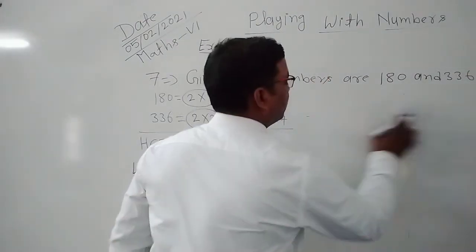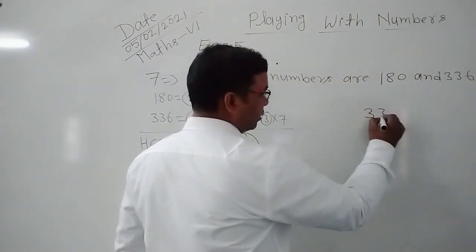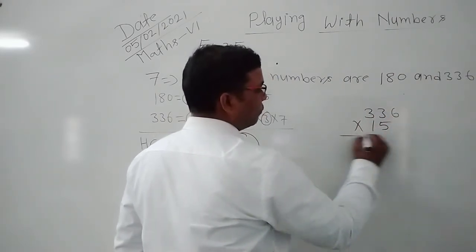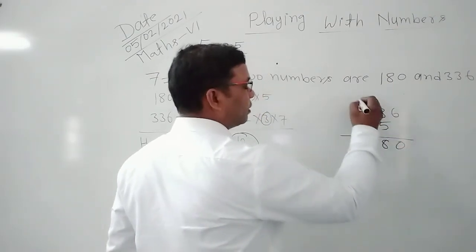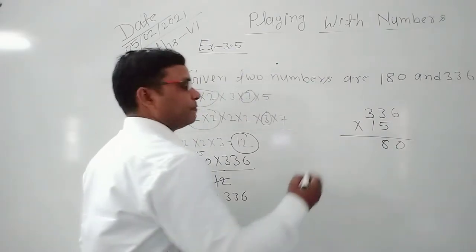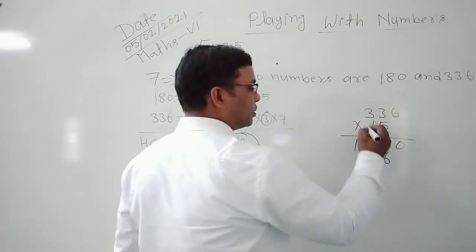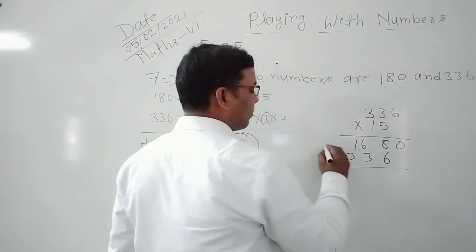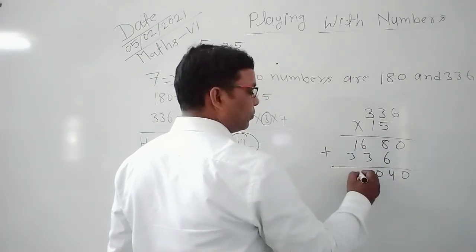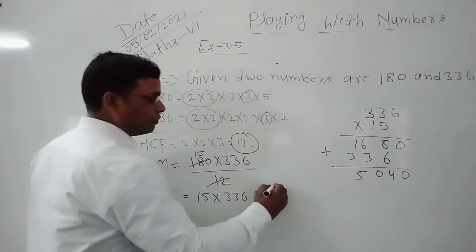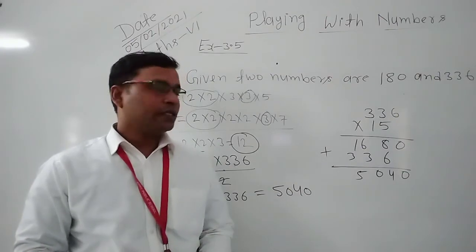So this is equal to 336 into 15. You can multiply: 5 6s are 30, carry 3, 5 3s are 15 plus 3 is 18, carry 1, 5 1s are 5 plus 1 is 6. Then 1 into 6 is 6, 1 into 3 is 3, 1 into 3 is 3. Adding them, you get 5040, which is the LCM of 180 and 336.